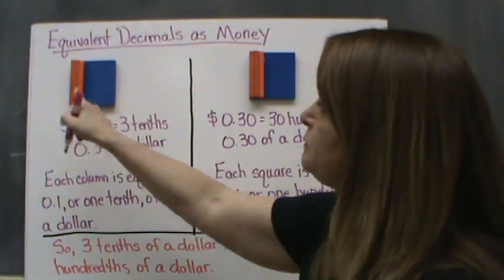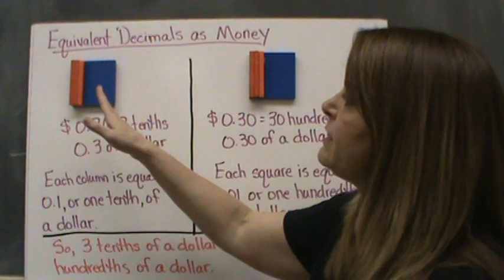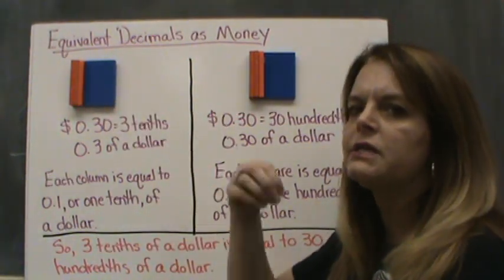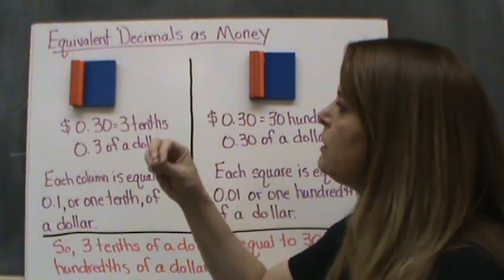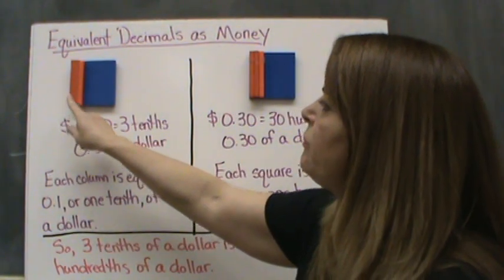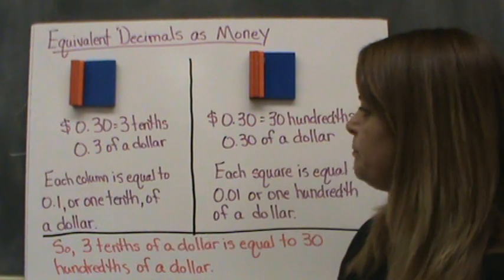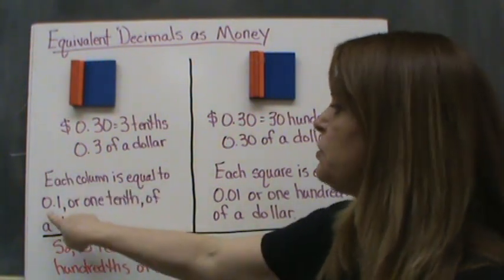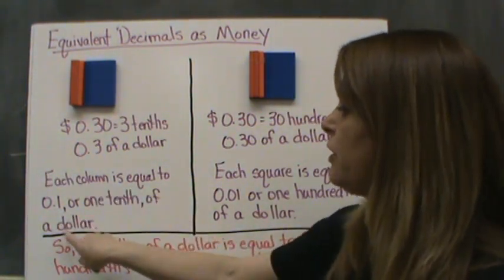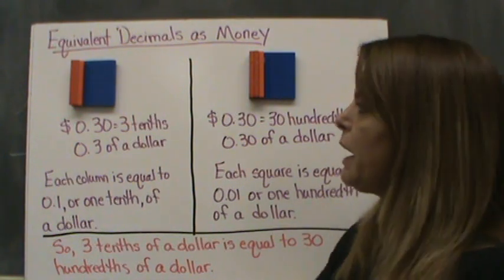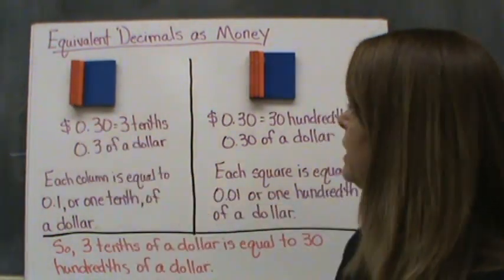If I divide my dollar into 10 equal pieces, it takes 10 dimes to make a dollar. I have 3 of them: 10, 20, 30. So it's 30 cents. Each column is equal to 1/10 of a dollar, and 1/10 of a dollar is a dime. So there's my 30 cents.